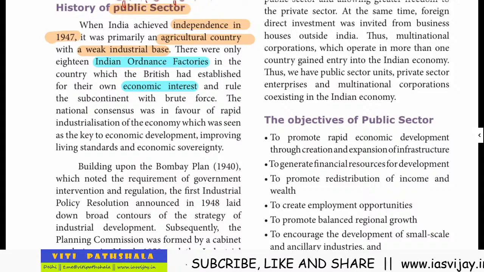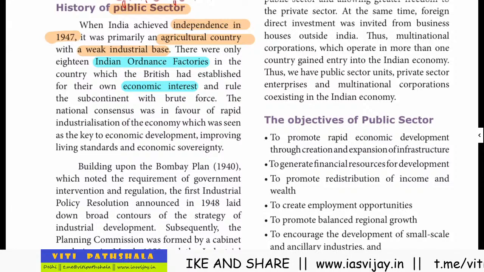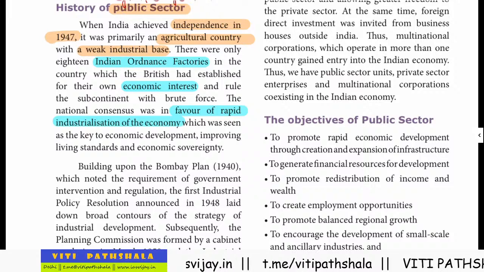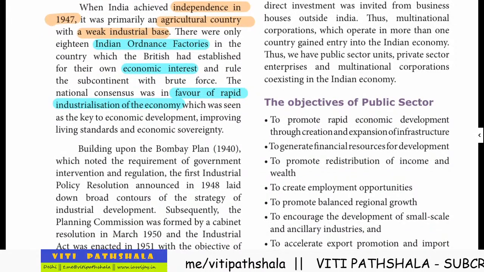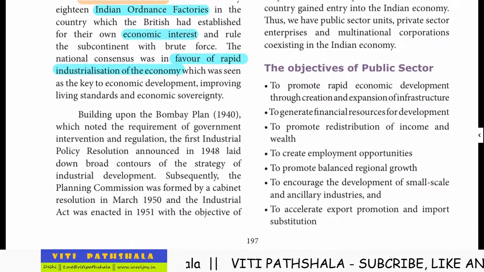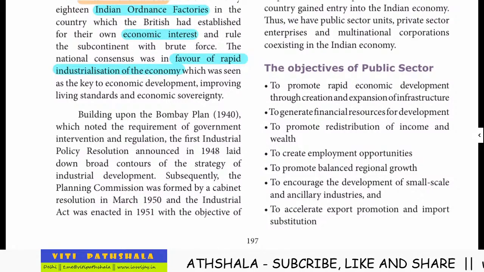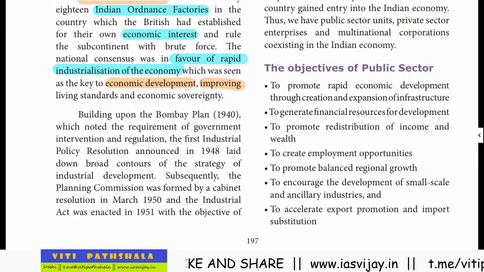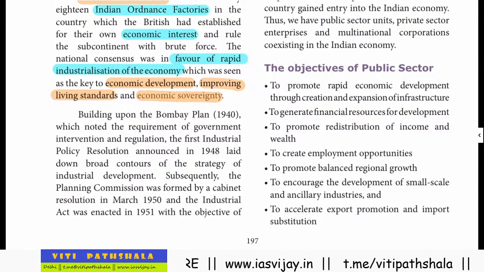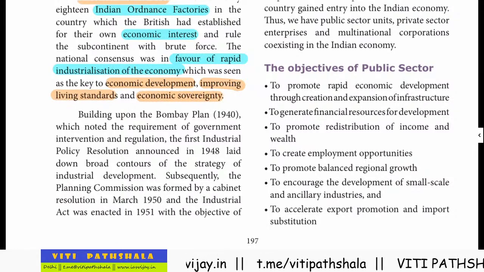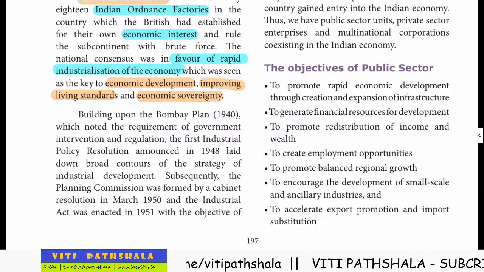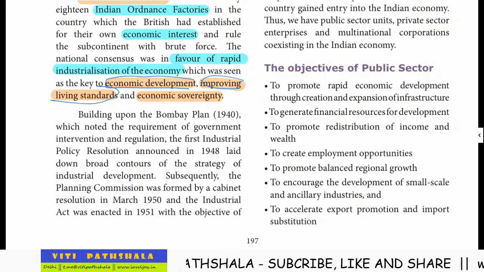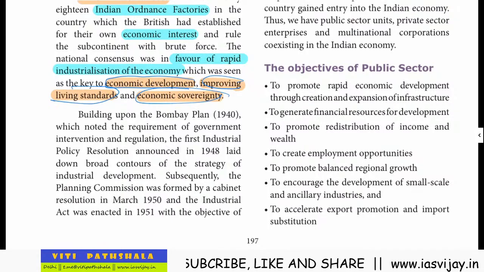The national consensus was in favor of rapid industrialization of the economy, which was seen as the key to economic development, improving living standards, and economic sovereignty. These are the keywords you have to write in your exam: economic development, improving living standards, and economic sovereignty.